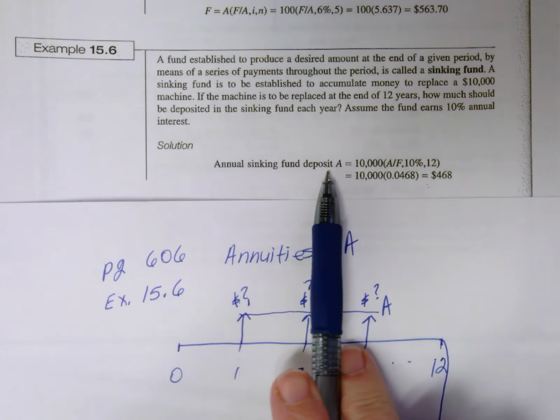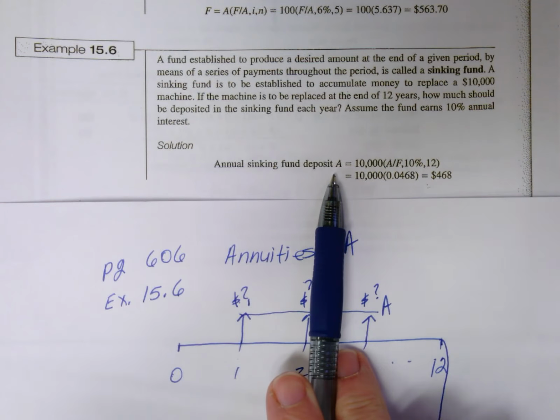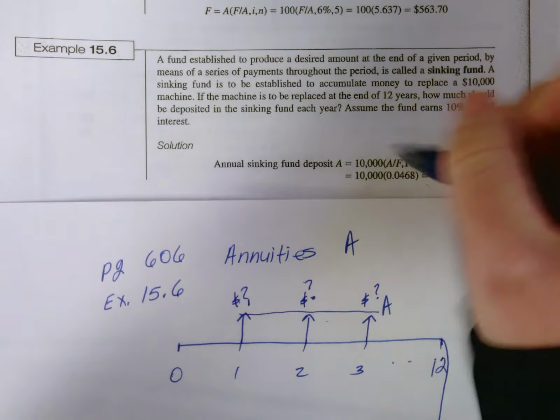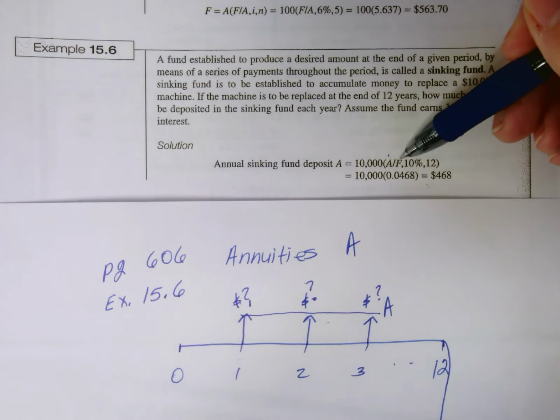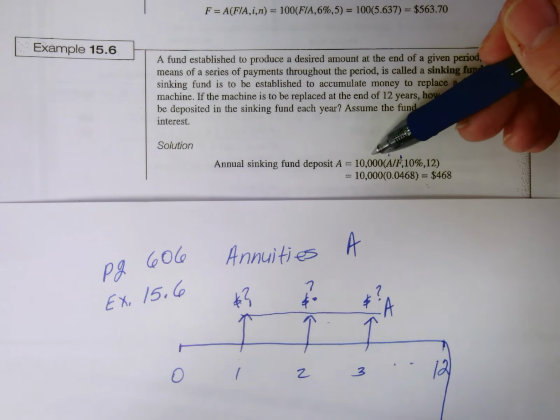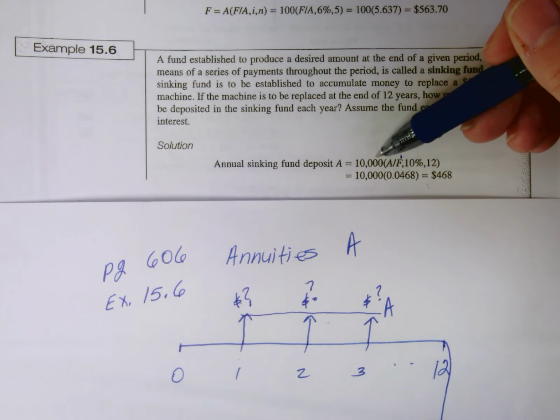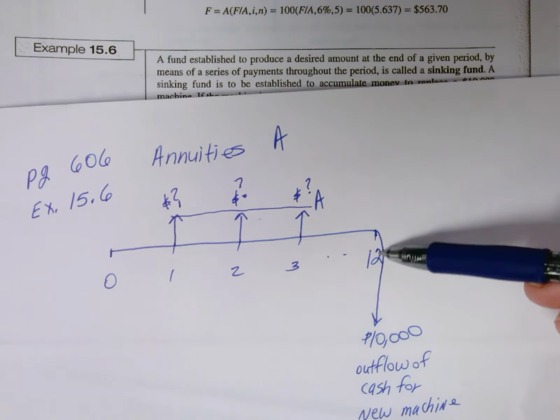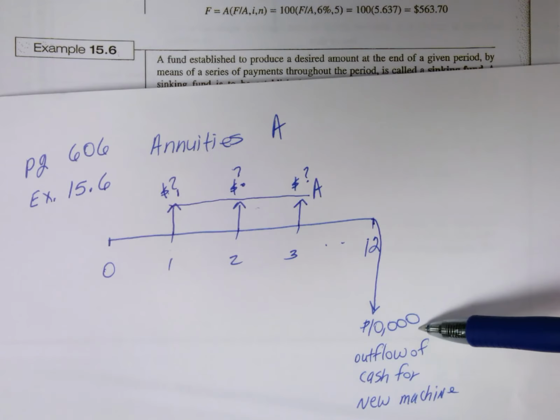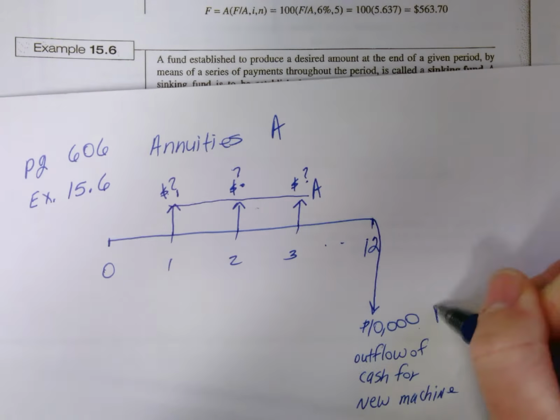The annual sinking fund deposit A, so you're basically saying find A given F. The future value of the machine that we're going to buy 12 years in the future costs $10,000. In 12 years, we're going to need $10,000. So that's the future value.